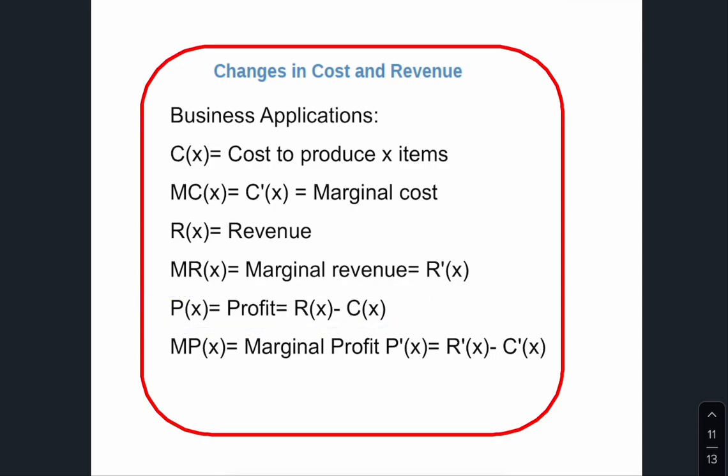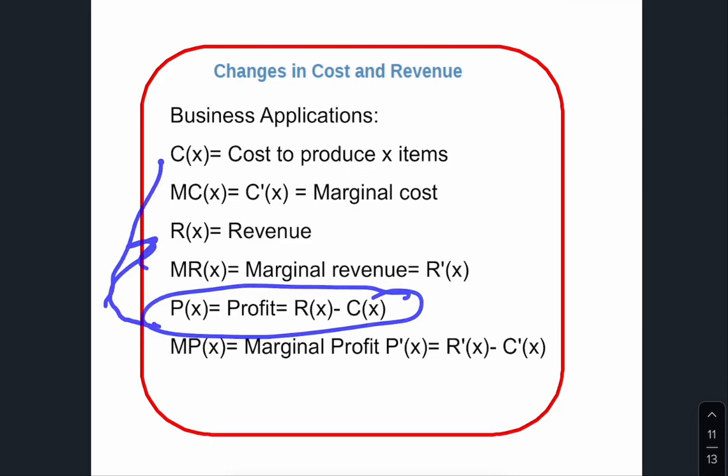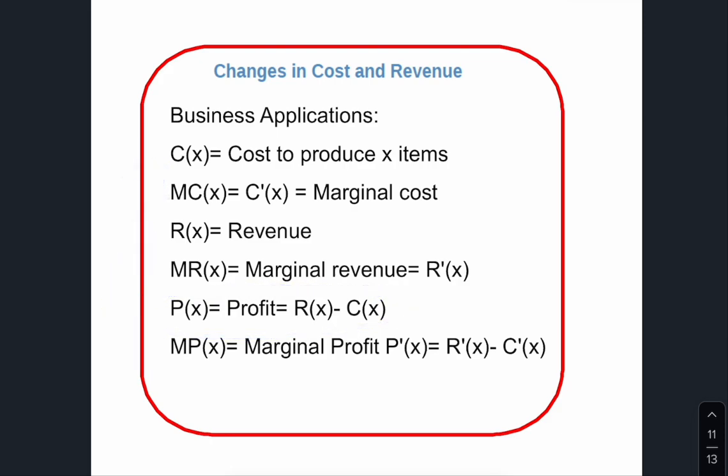Now profit, think about profit for a minute. If I know how much revenue is coming in and I know what it costs me to make that stuff, revenue minus cost is profit. So this profit equation comes from what we know about the cost and the revenue. Revenue, I'm bringing this much money in. Cost, it costs me that much to pay my workers, to buy the supplies to make the thing, to run the machines, whatever the case may be.